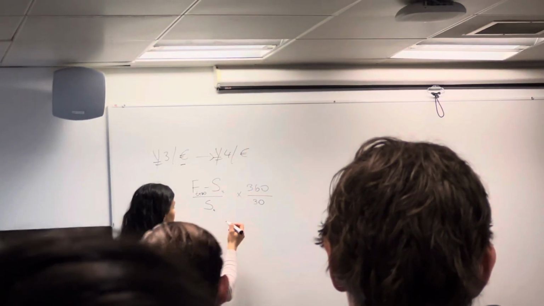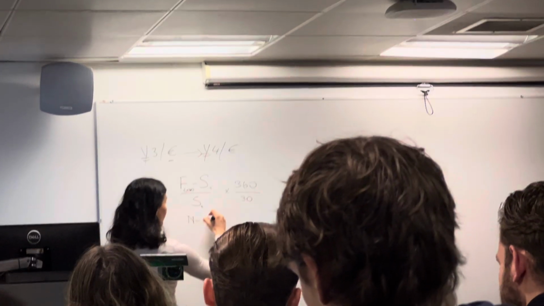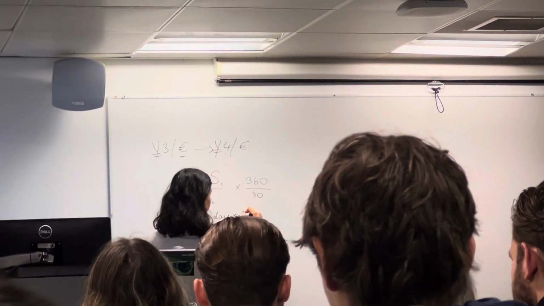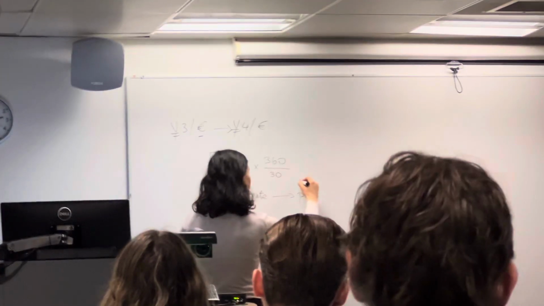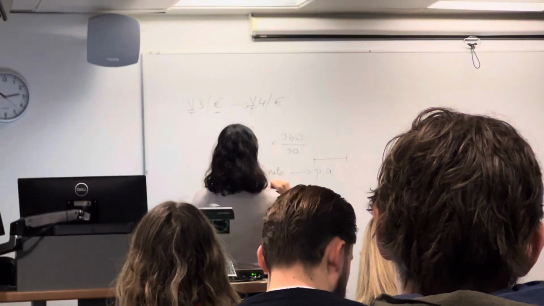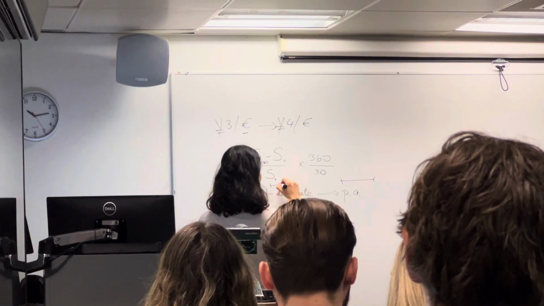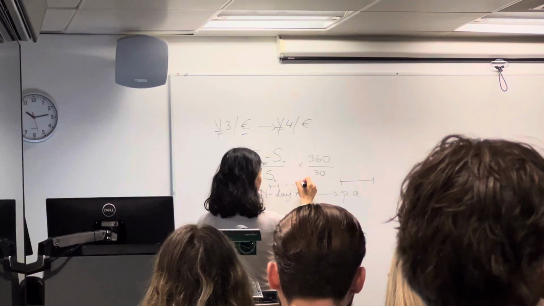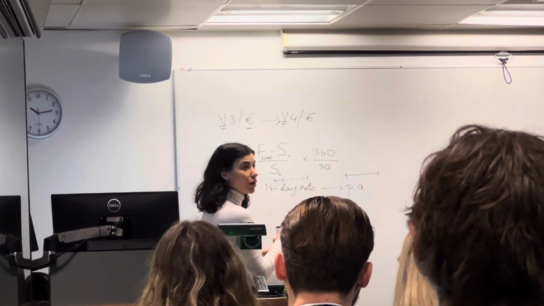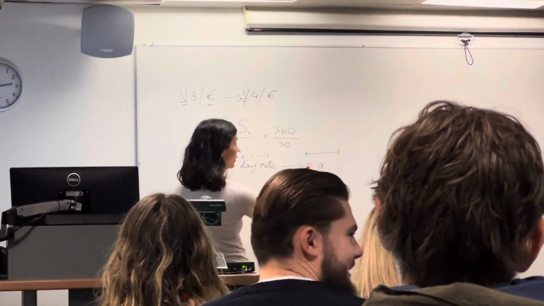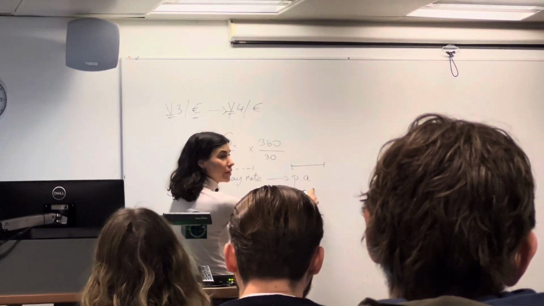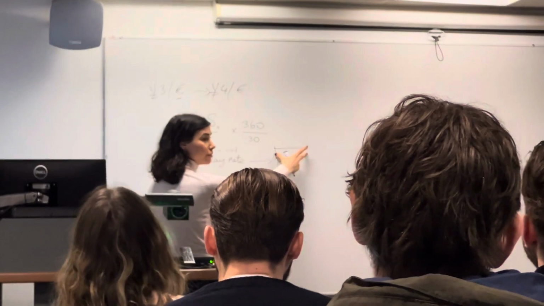So whenever you want to go from a period rate, right, so an n-day rate to a per annum rate, the annum basically implies a bigger period of time. The n-day rate is just a part of that annum, of that year, right? So whenever you go from an n-day rate to a per annum rate, obviously you should obtain a bigger number because it is over a bigger period of time.